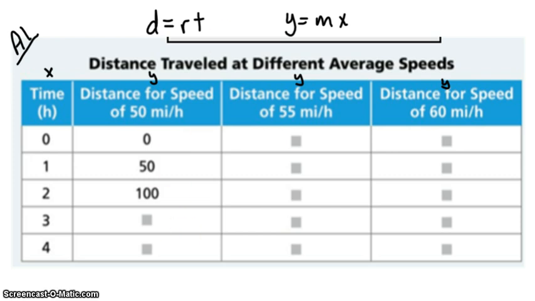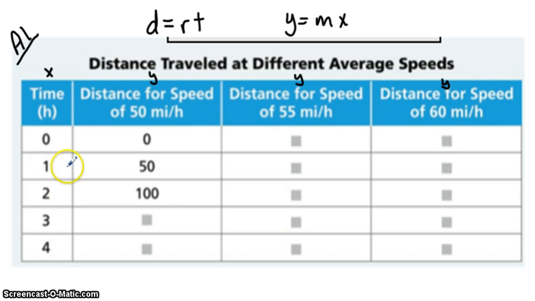Okay, so moving on. So if I have a time of 0 hours, if I'm traveling at 50 miles per hour, my distance will be 0. Okay, that's pretty simple. If I'm not going anywhere, or if I've traveled no time, it doesn't matter how fast I'm going. If I haven't traveled any time, I'm not going to have traveled any distance. If I'm traveling at a rate of speed of 50 miles per hour for 1 hour, I get 50 miles.